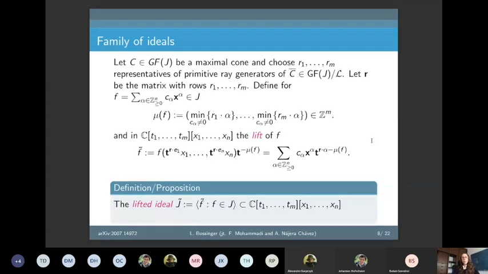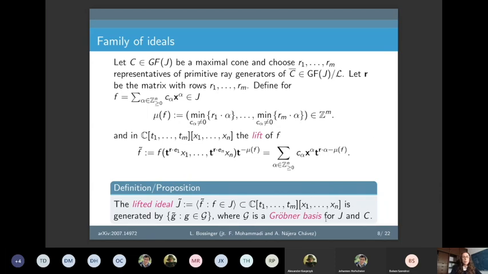Similar to the initial ideal before, I can define the lifted ideal of J being just generated by all the lifts of elements in J. But in fact, we show that you don't have to run through all elements of J itself. You can actually just look at a Gröbner basis.